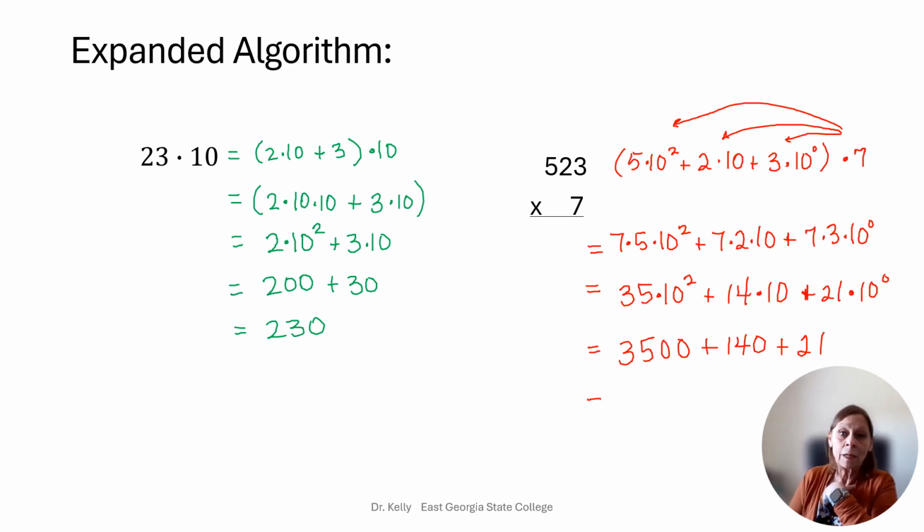And frankly, I am terrible about addition that goes across like that, but sorry I didn't do it any different. So I think it's 3661. I believe that is the answer there.